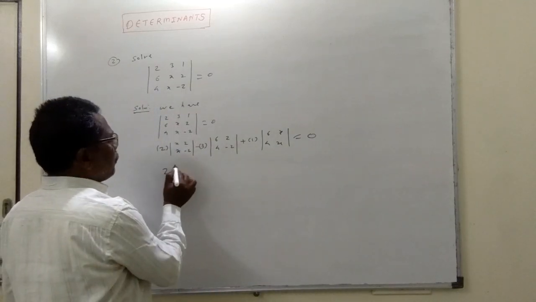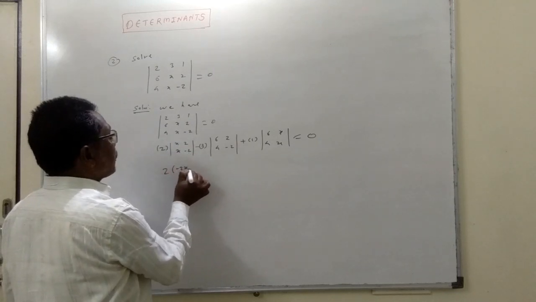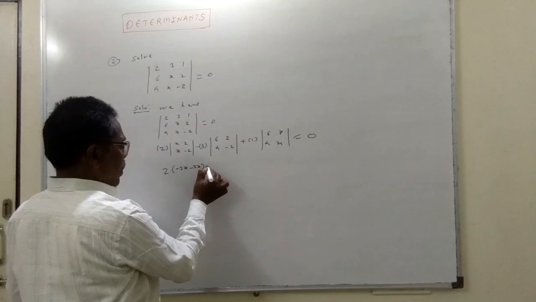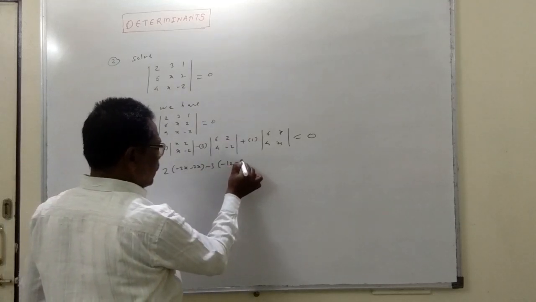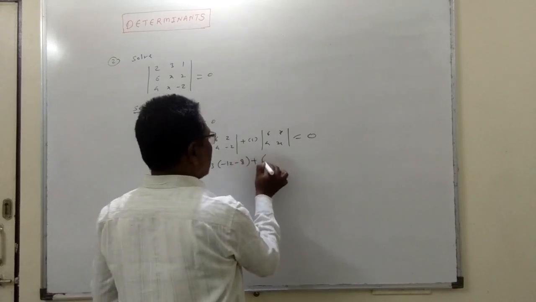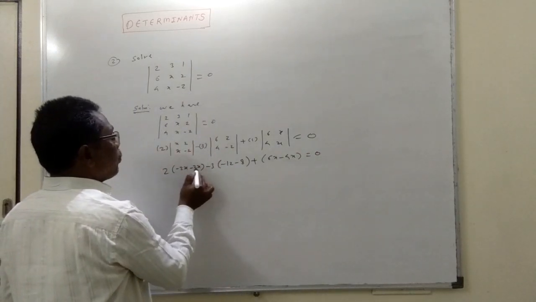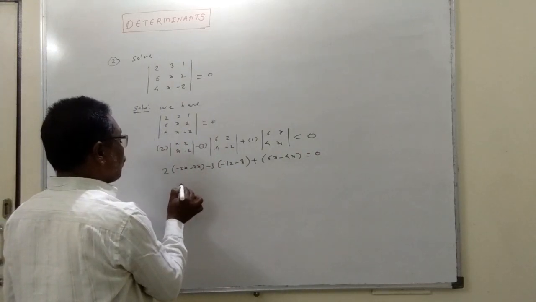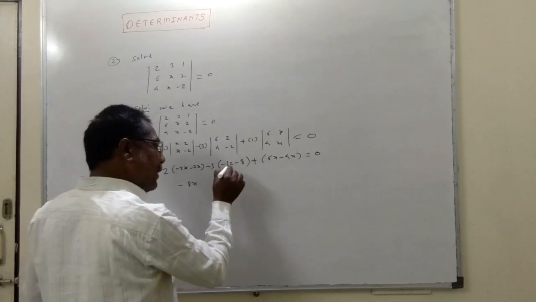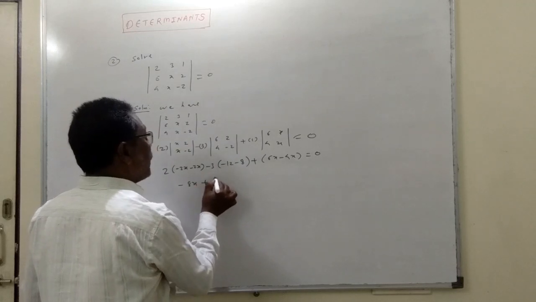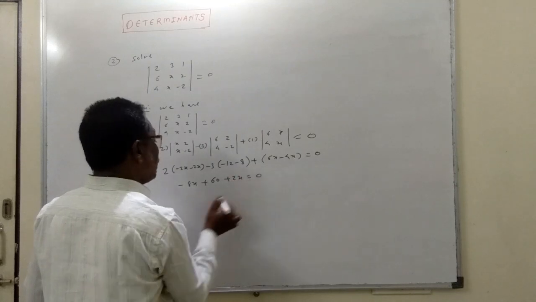So 2 into x into minus 2, so minus 2x, minus 3 into minus 12, minus 8, plus 6x minus 4x equal to 0. Now minus 2x minus 2x is minus 4x, minus 12 and minus 8, minus 20, so plus 20 into 3, 60, plus 2x equal to 0.